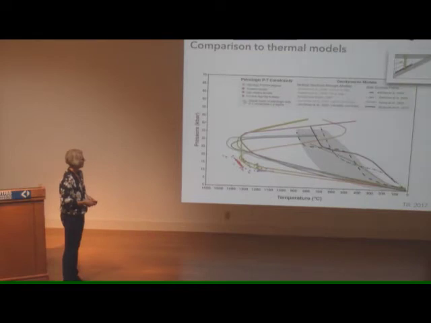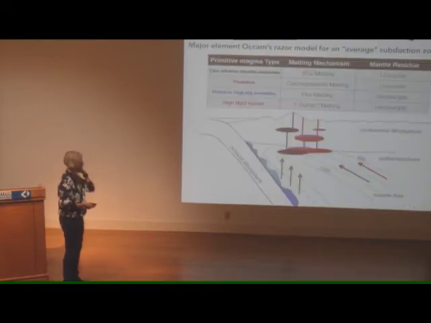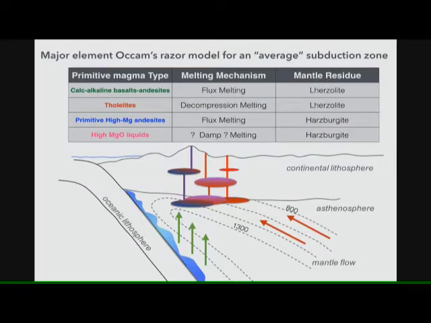I'm going to skip this and just finish up in the interest of having time for questions. So in a simple Occam's razor, major element view, we can explain a lot of the geochemical diversity of these primitive rocks that we see erupted at arcs by wet melting of the mantle and dry melting of the mantle, and of different residue compositions.